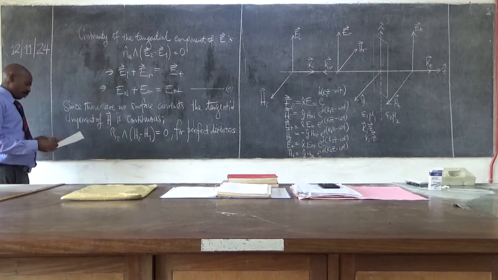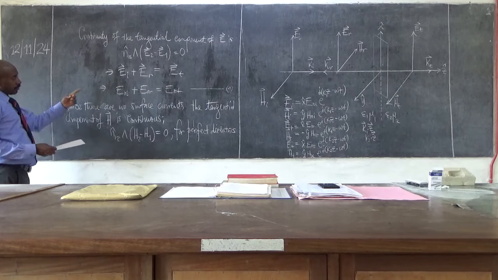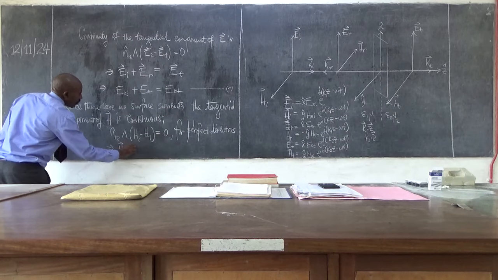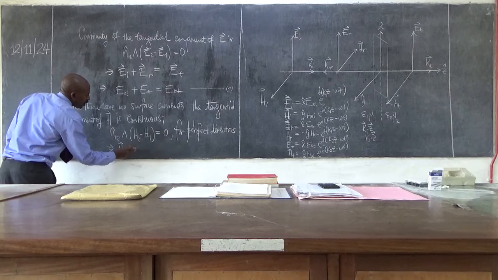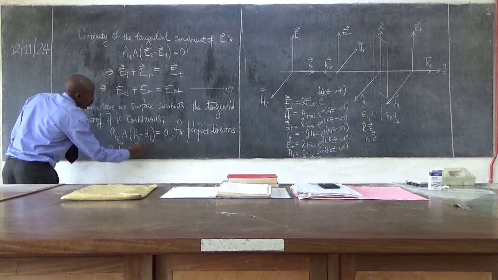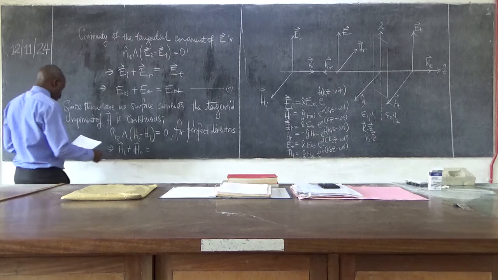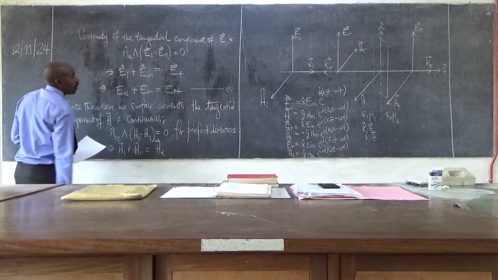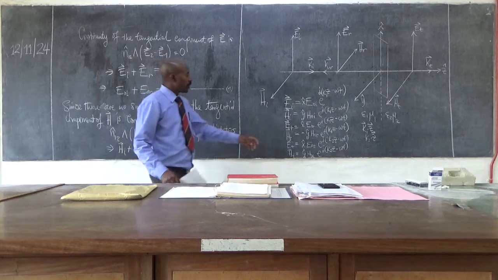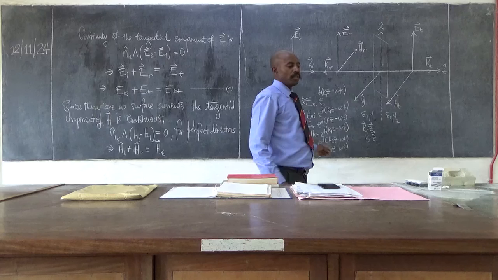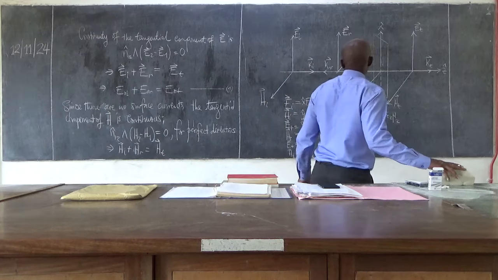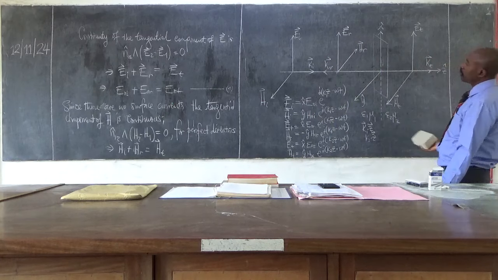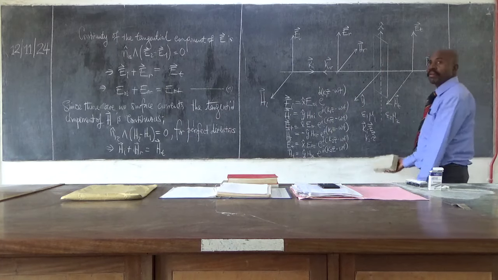So this would mean that, like we did up there, H_I plus H_R would be equal to H_T. But if we now express it in terms of the amplitude, then we get the negative.